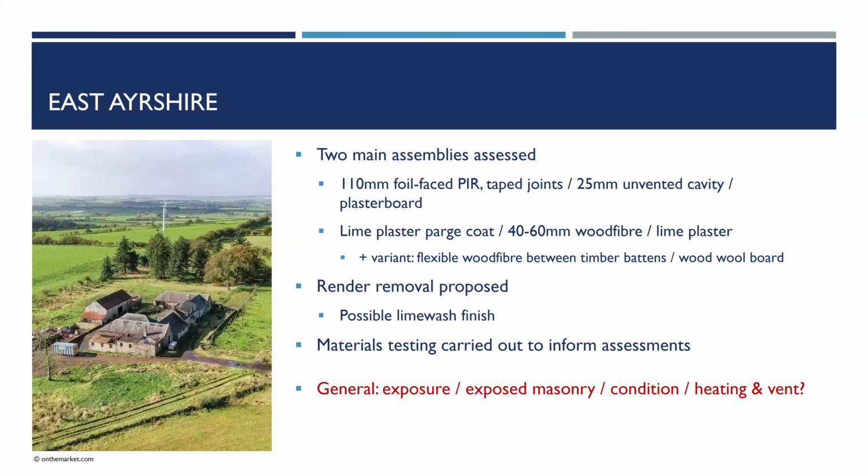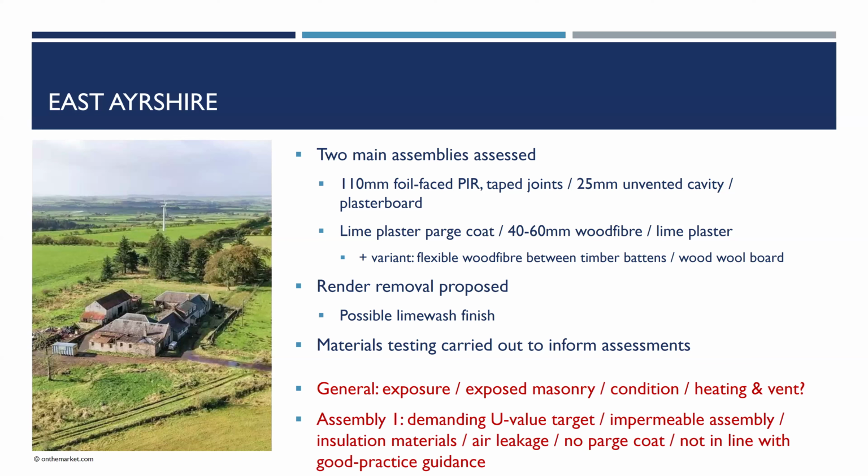Hi, Paul. The kind of things that jump out to me before I even start the assessments in terms of possible risk factors are general things like the level of exposure, the fact the masonry is not going to be covered by lime render or even cement render, the fact there are a lot of defects, and the fact there's an unknown heating and ventilation strategy.